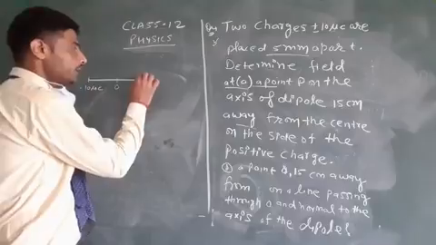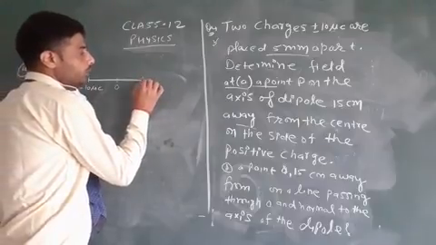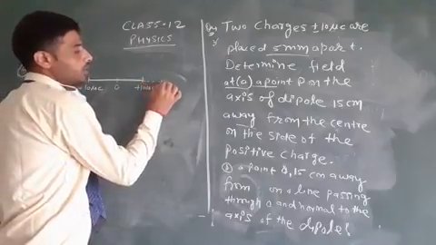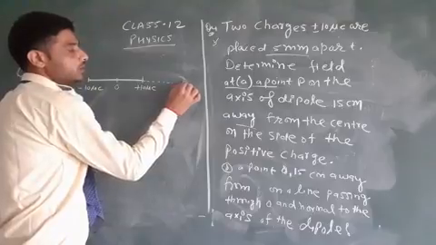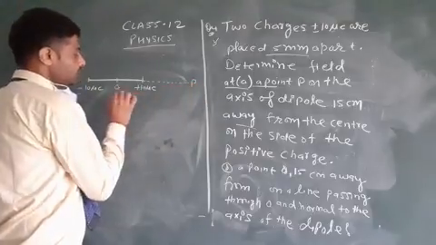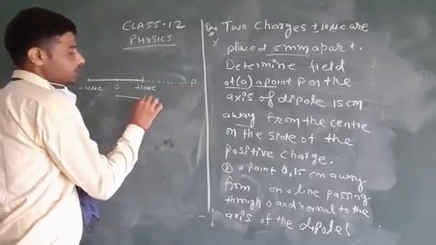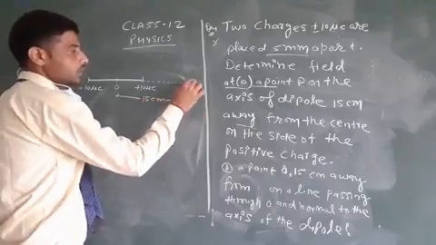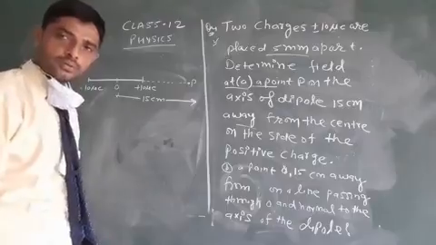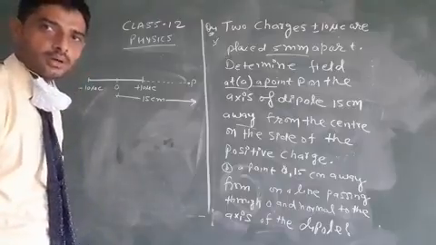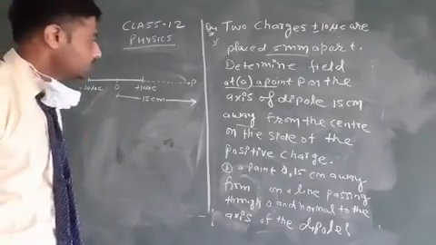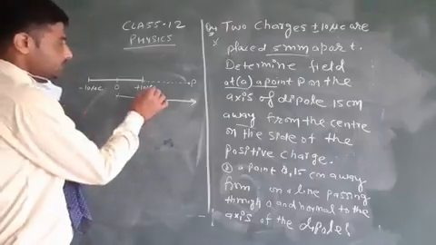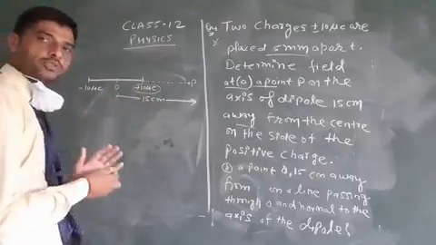This is the positive side. So your point where you have to find intensity is situated 15 centimeter away from the midpoint, and this side is towards the positive charge.